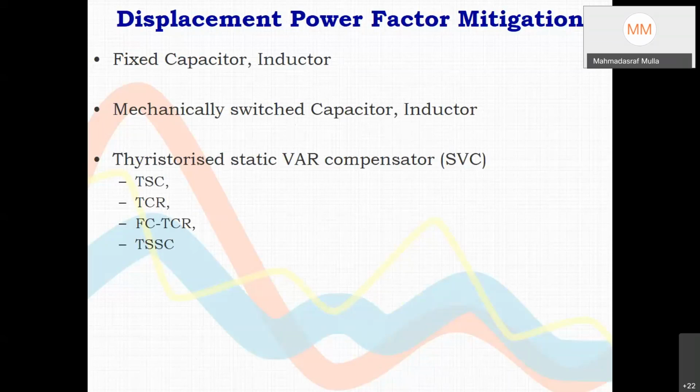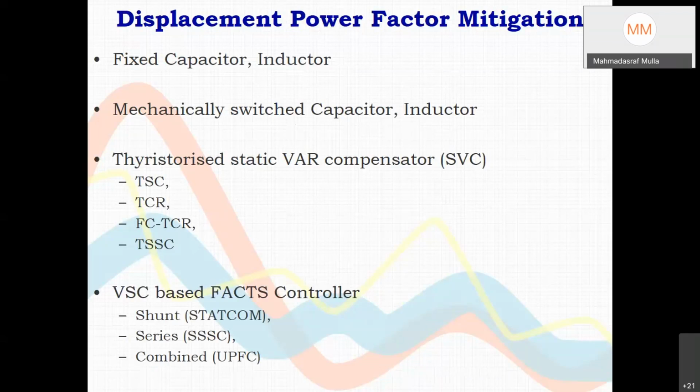And effectively, the transmission line impedance we were modifying by connecting some reactor or capacitor. Okay. Even in today's scenario, if you practically see in power quality, APFC panels, it is all this SVC based arrangement. And today's subject, VSC controller.